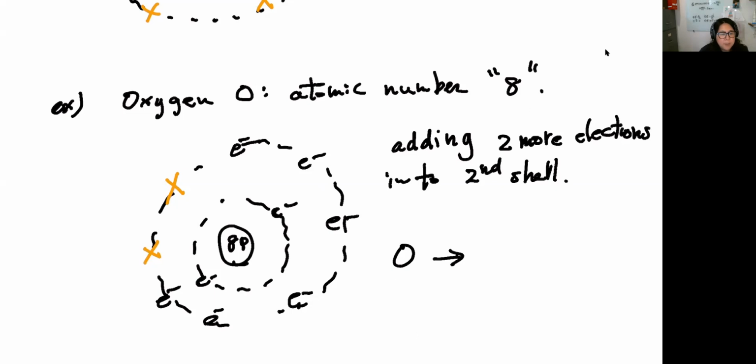And then would that be by how many? Is it positive 1, positive 2, positive 3, or negative 1, negative 2, negative 3? It's easier to add 2 electrons, so oxygen has a tendency to become 2 minus.